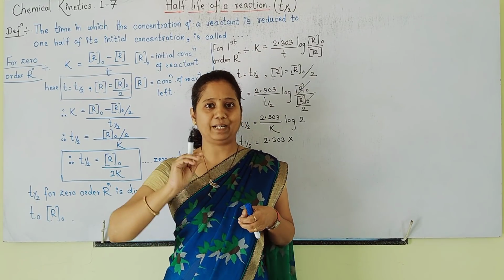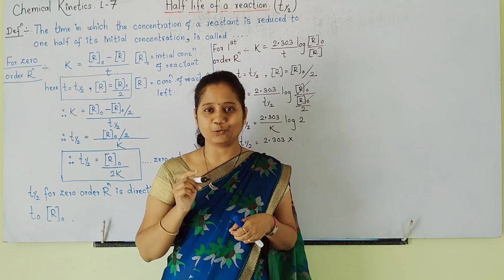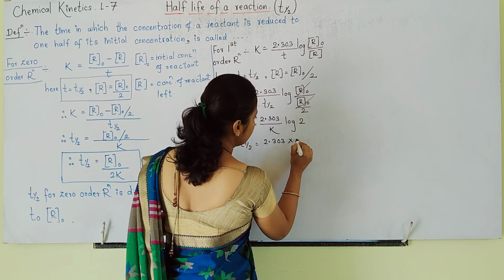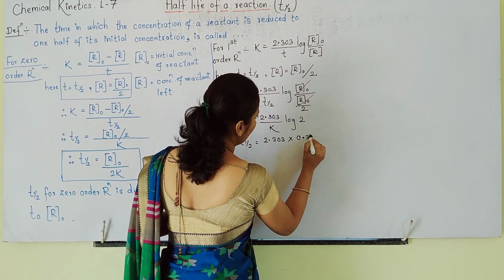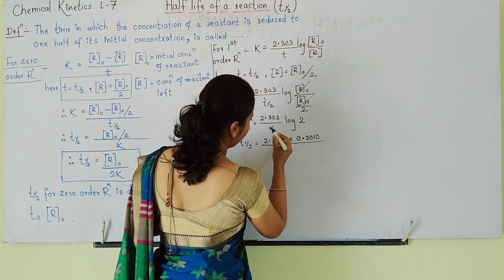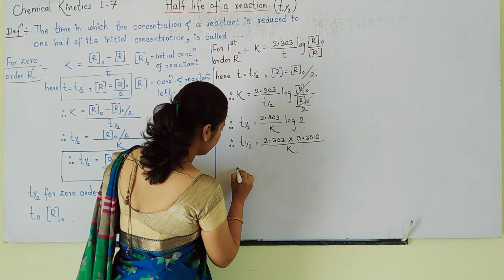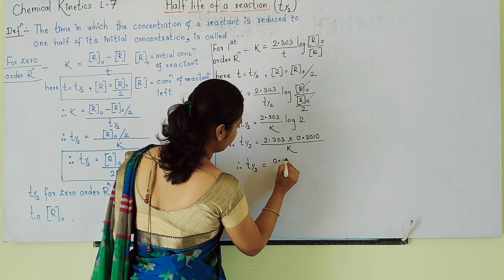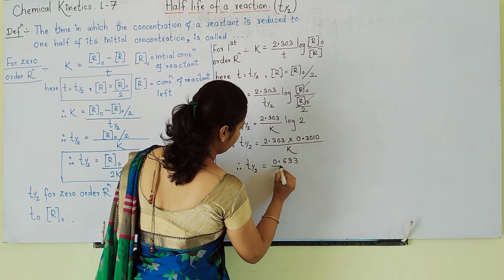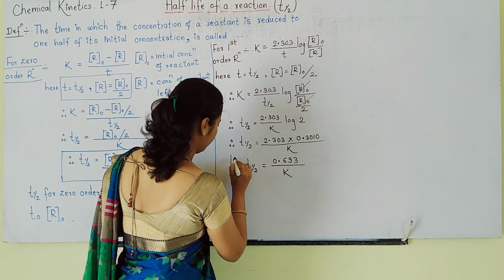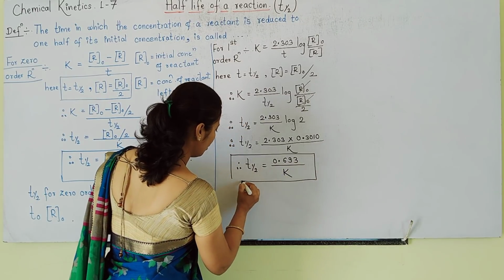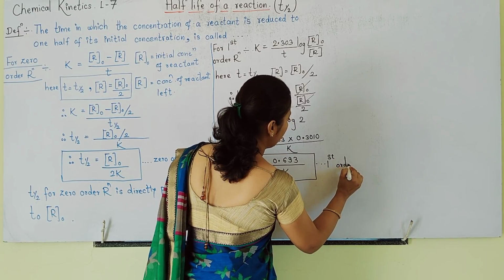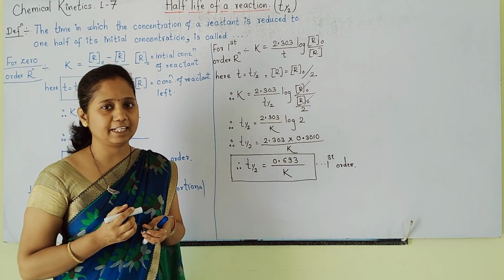Your log table starts with 10, so how can you see the value of log 2? Log 2 is nothing but log 20 that you have to see. So it is 0.3010 by K. This is your final equation for the half-life of a first order reaction.